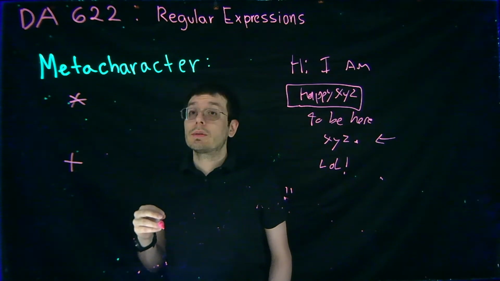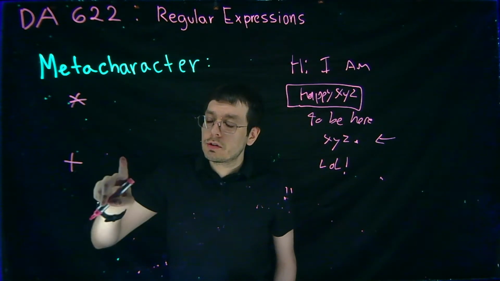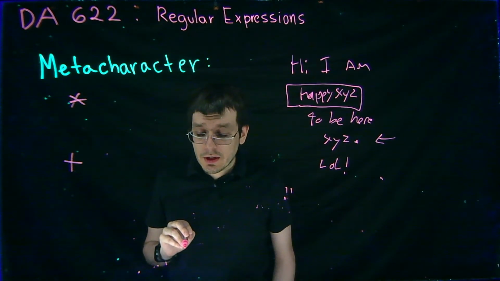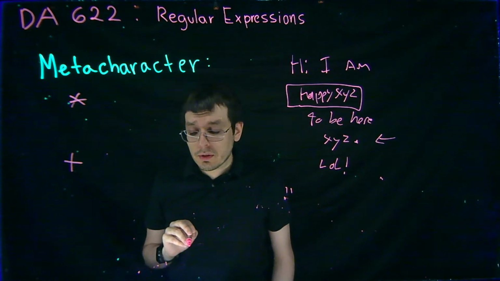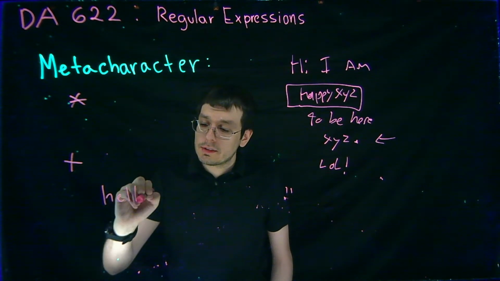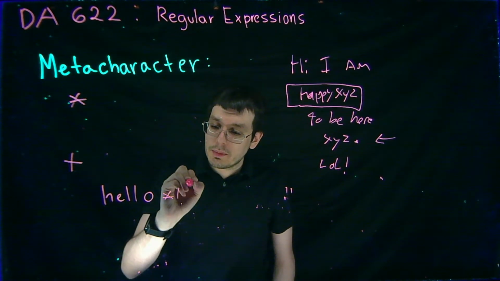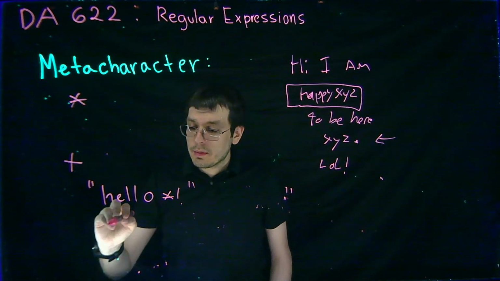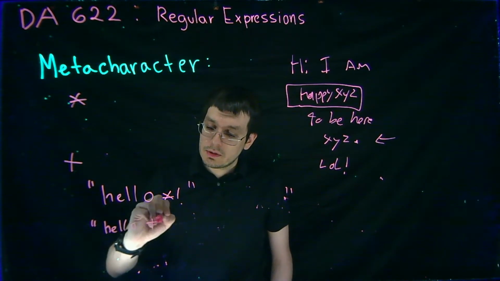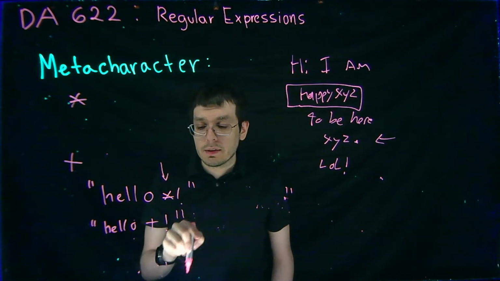That's the only difference. Whereas this is 0 or more occurrences, this is 1 or more occurrences. So you must have at least one occurrence there. If I'm looking for the same thing as hello before, with the star and the exclamation point, and I compare that with a hello that has a plus, in this one, this could be anything, including nothing.